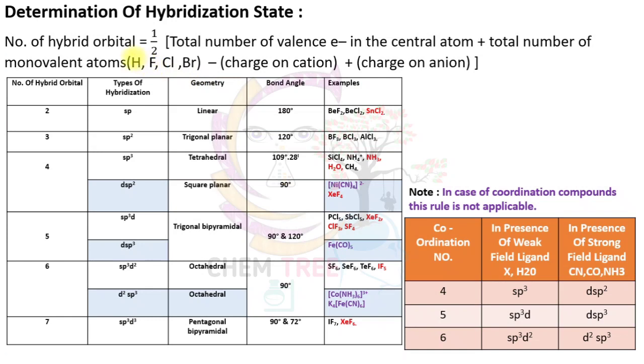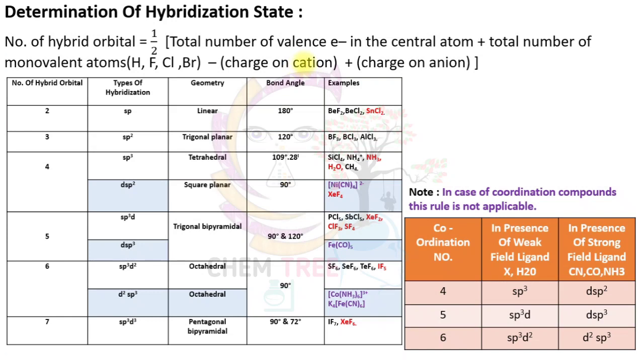Determination of hybridization state. By applying this rule, we can identify the hybridization of any molecule, and this rule is not applicable for coordination compounds. The number of hybrid orbitals is equal to half multiplied by the total number of valence electrons in the central atom plus the total number of monovalent atoms like hydrogen, fluorine, chlorine, bromine, minus the charge on the cation.